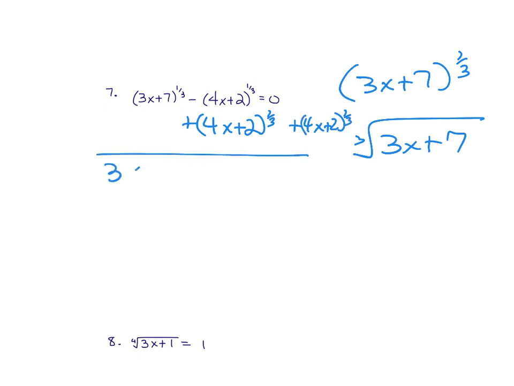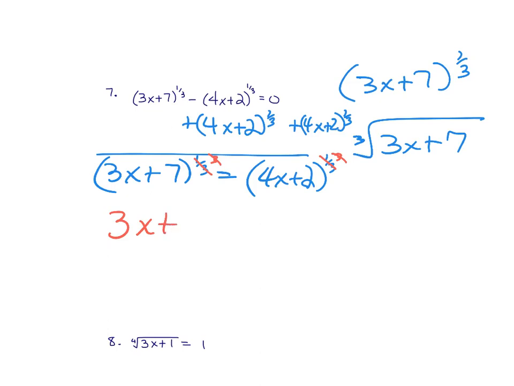So then I get (3x plus 7) to the 1/3 power equals (4x plus 2) to the 1/3 power. And again, I need to get rid of that 1/3. So I'm going to cube both sides, just like I would have done if it were a radical symbol. I'm going to raise both sides to the 3rd power. 1/3 times 3 just becomes 1. So then it's 3x plus 7 equals 4x plus 2.